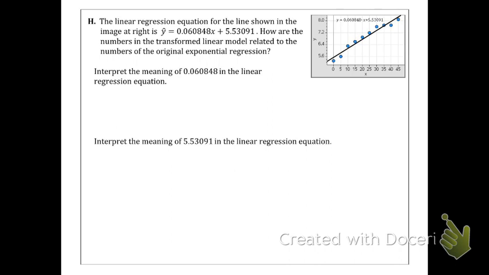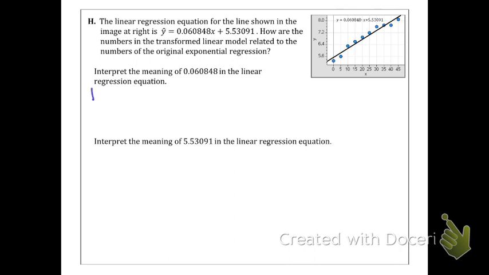So H says the linear regression equation for the line shown in the image at the right is what we just found. How are the numbers in the transformed linear model related to the numbers of the original exponential regression? So we're going to interpret the meaning of the 0.060848 for the linear regression equation. All right, so that was the slope of our linear regression equation, okay? So that's how it's going to increase or decrease. It's positive, so we know it's increasing.